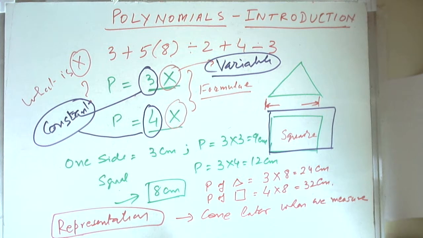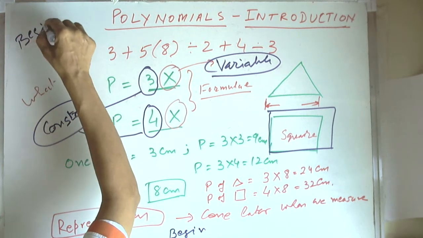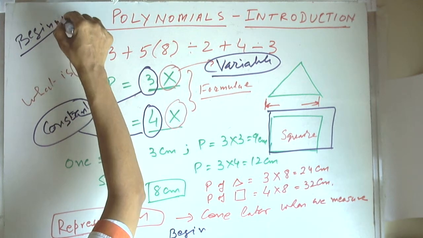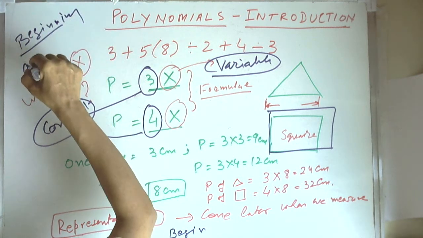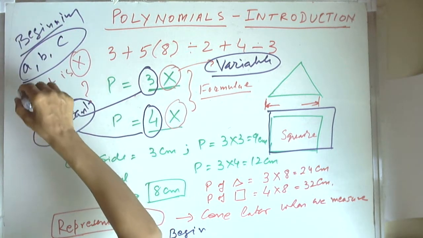Now by convention, variables are represented by the ending letters of the alphabet and constants by the beginning letters. The beginning letters are like A, B, C. So these are used for constants.